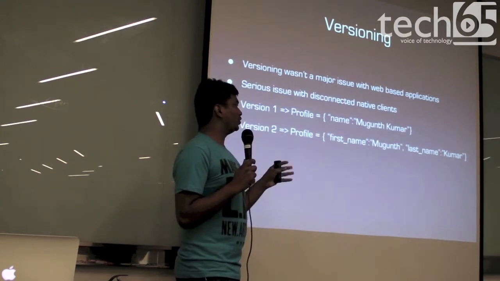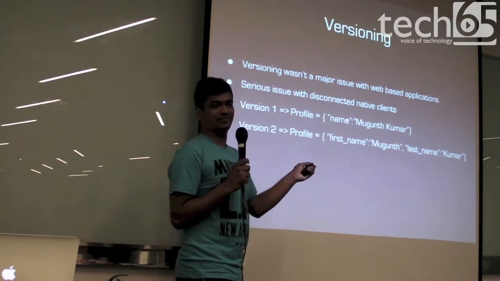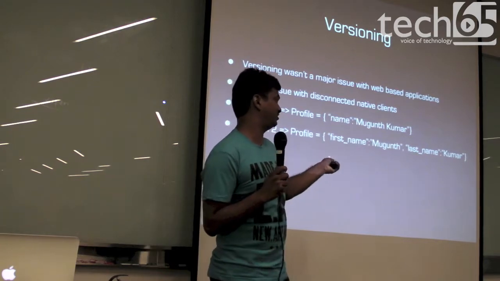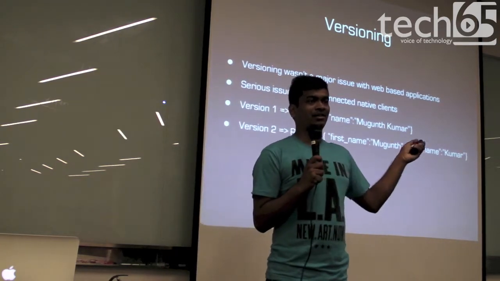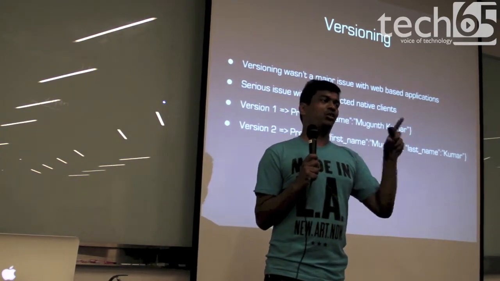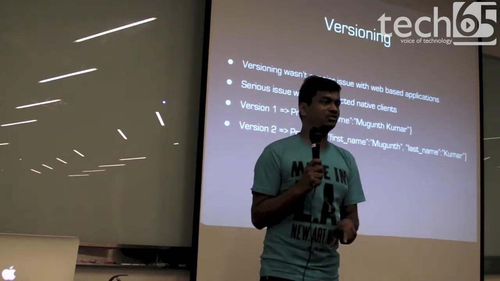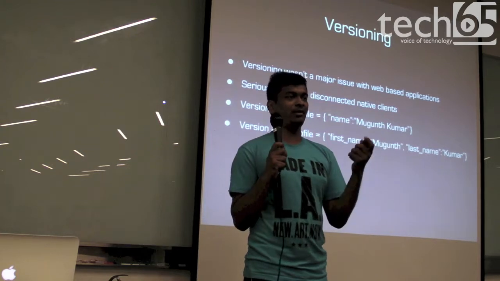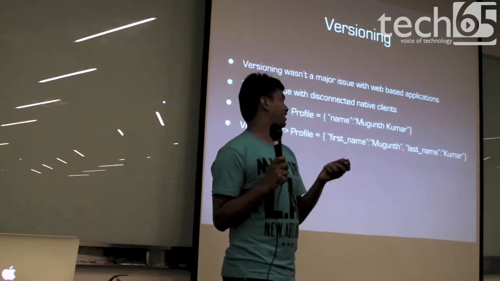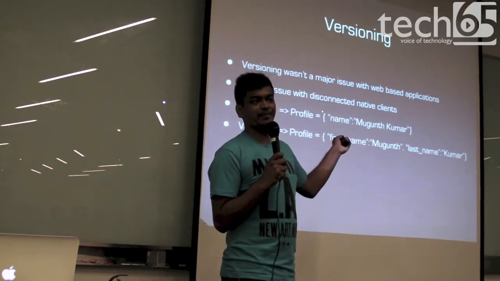If you change your API to send just this, when version 1.0 of the app talks to your server and opens the profile page, he won't see anything. He'll see a blank name, right? Because version 1 expects the key to be name.